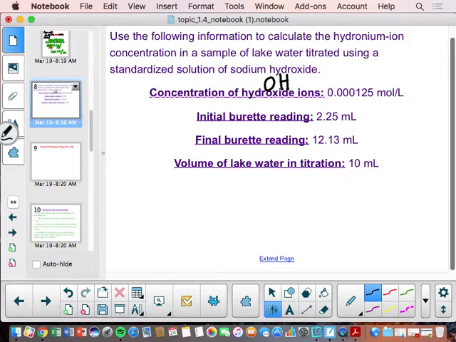So this is a concentration, so that's going to be our C base. The volume of lake water that we have, our lake water is what we're trying to find out. And hydronium, if you don't remember, do you remember what hydronium is? Hydronium is H3O plus. And that's what we're talking about when we're talking about acids.